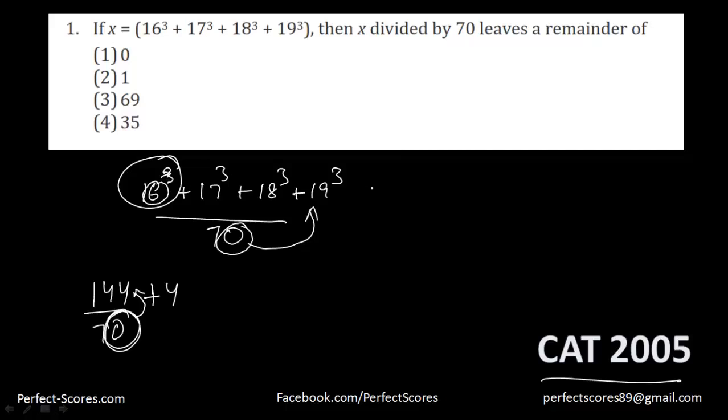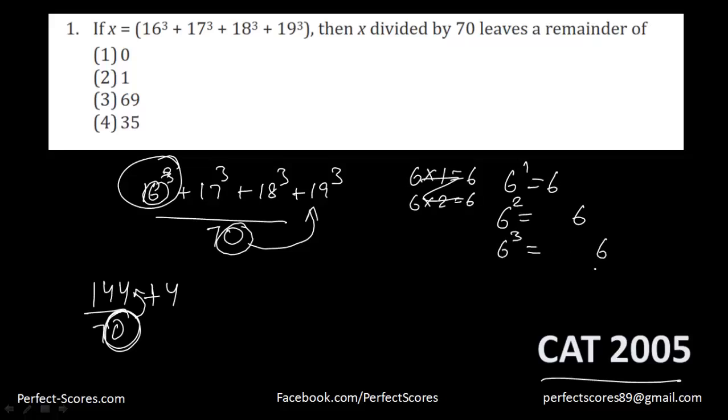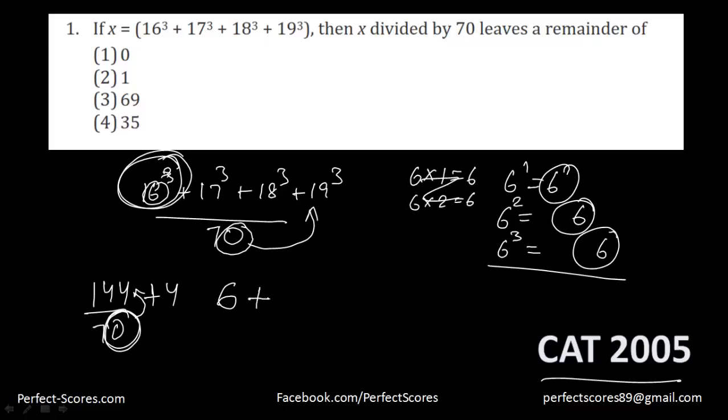If you remember the cyclicity video, 6 to the power 1 is 6, 6 to the power 2 is again 6 at the back, 6 to the power 3 again 6 at the back. No matter what the power is, 6 will always remain at the back. That means over here the units digit is going to be equal to 6.